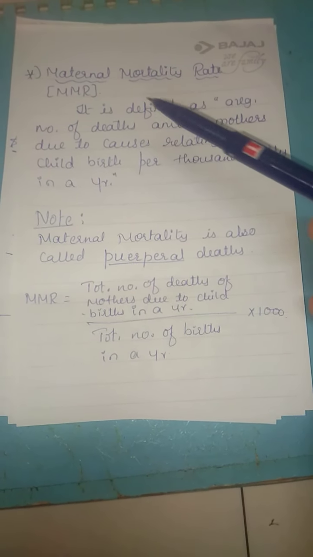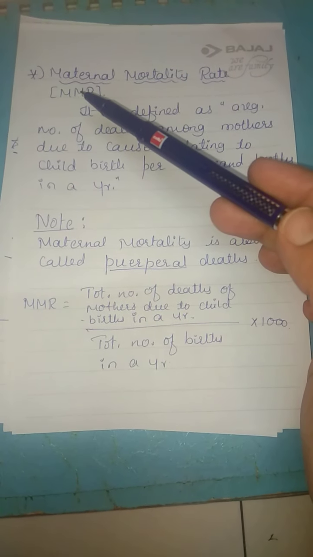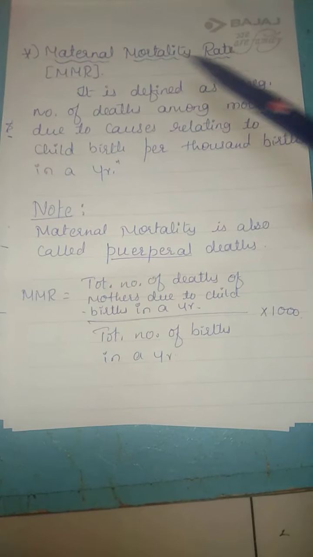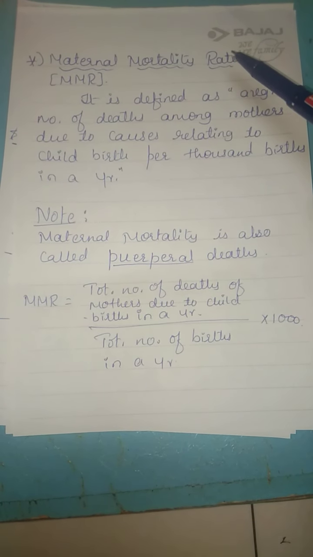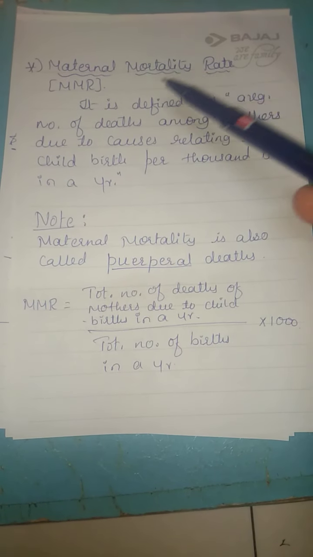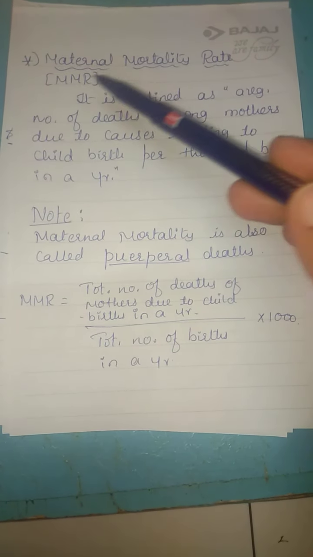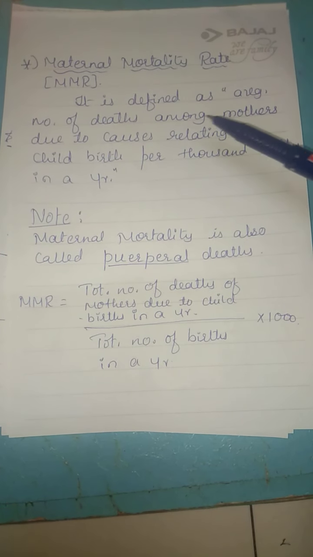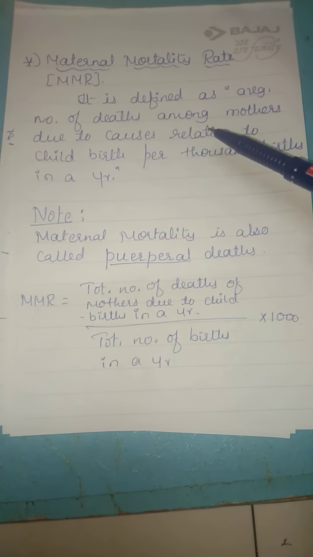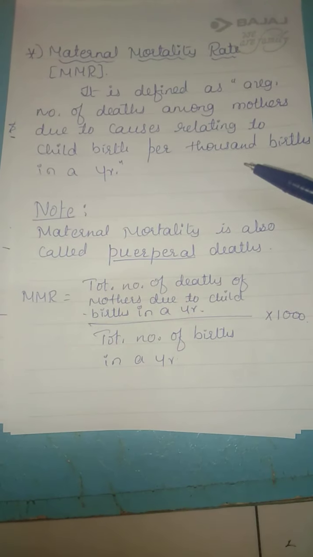Next is maternal mortality rate, MMR. What is maternal mortality? The meaning is that while giving birth to a child, the death of the mother is considered as maternal mortality.